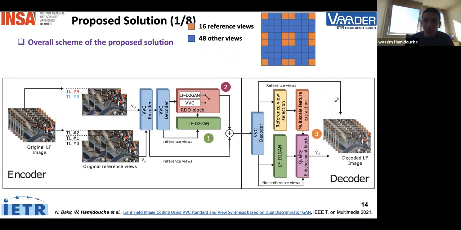Actually, when you do this quality enhancement, the only way to benefit from it at the encoder side is to use these views as a reference for either synthesizing or encoding other views.